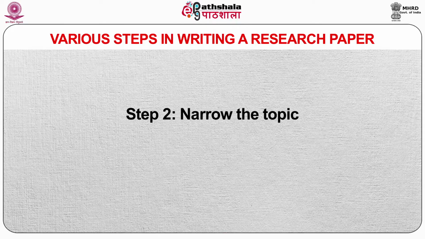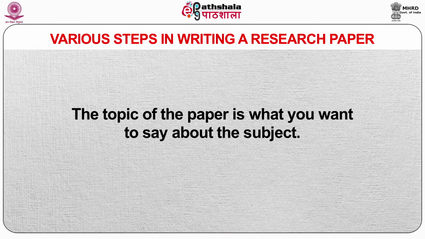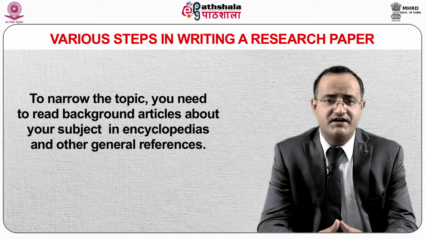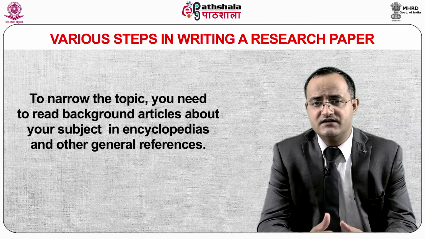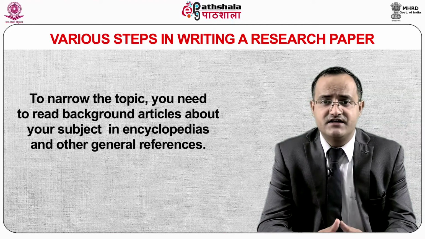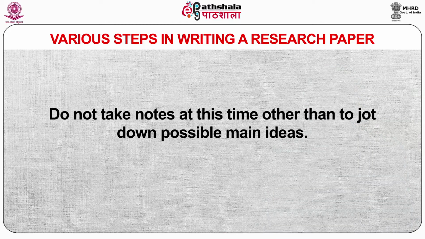The next step is to narrow the topic. The topic of the paper is what a researcher wants to say about the subject. To narrow the topic, researchers need to read the background articles about the subject in various encyclopedias and in various references. Do not take notes at this time other than to just write the main ideas.